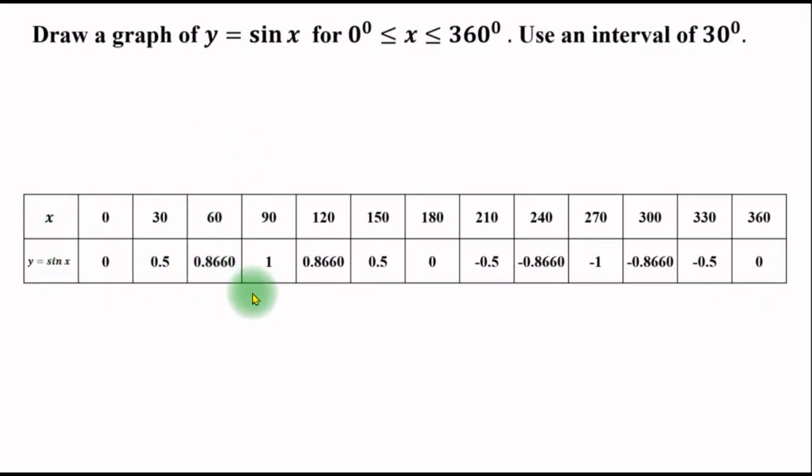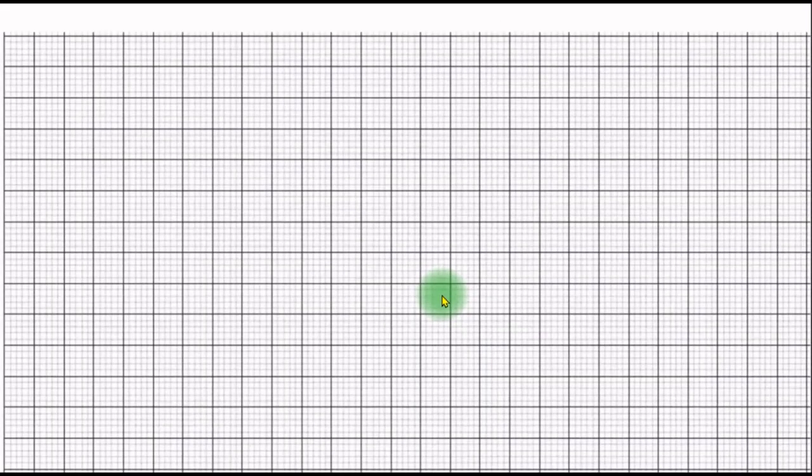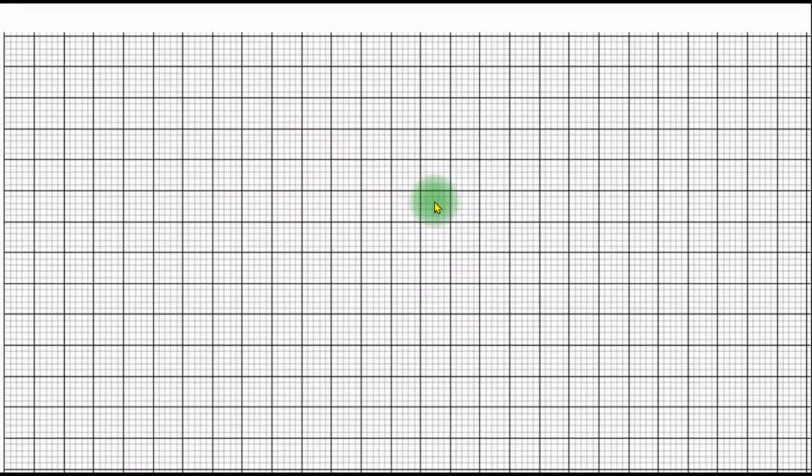Therefore, we are going to plot these points on the Cartesian plane. So we move on, and here we have the Cartesian plane. We are going to draw the x-axis and the y-axis, bearing in mind the minimum and maximum values of x and y.